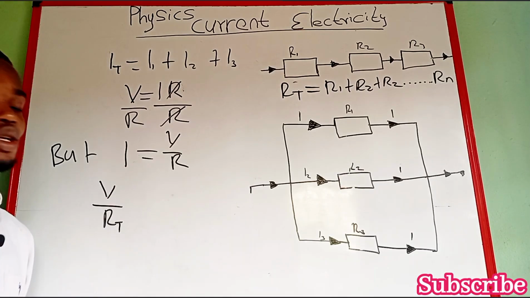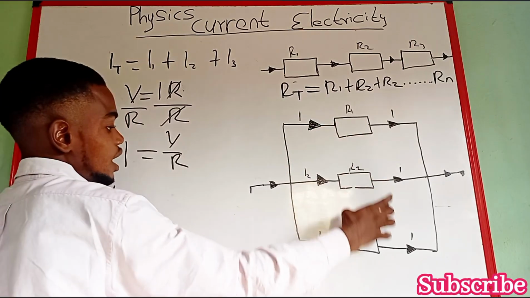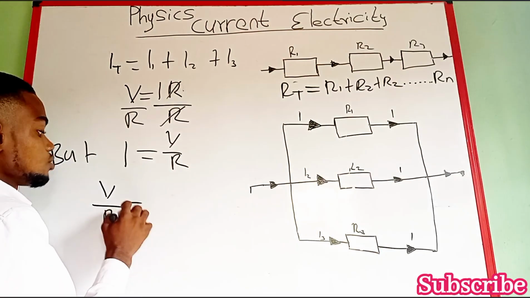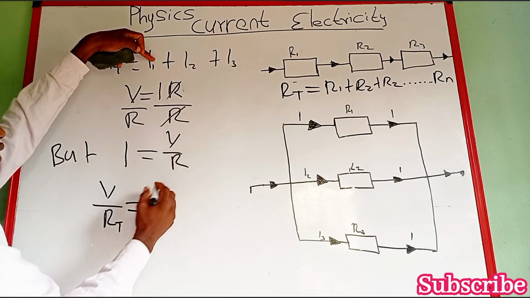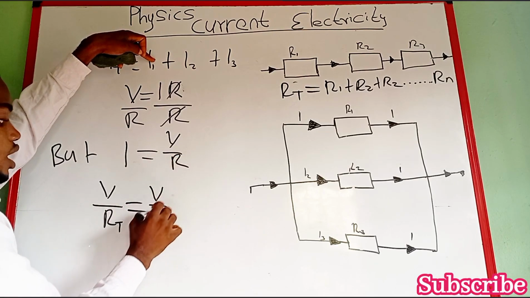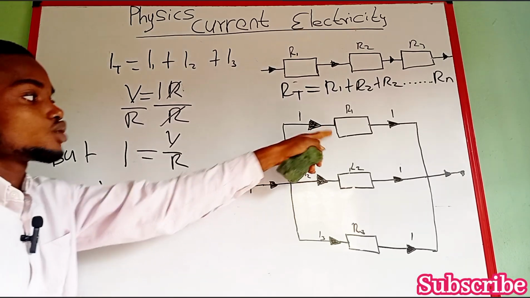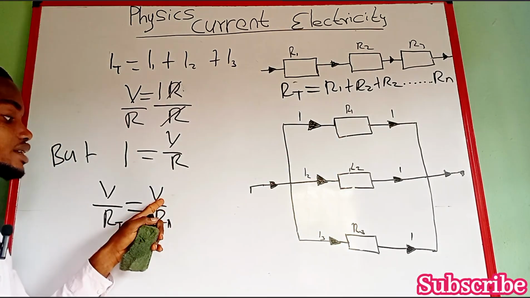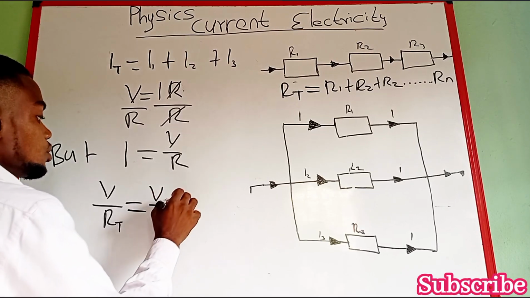Now notice why I did not put V total, because all the voltages here are the same thing. This is equal to the first current, which I'm going to represent as V over R1. Why do I use resistor 1? Because the resistors are different, but here they have the same voltage. So I can't put a first voltage, because all the voltages are the same.